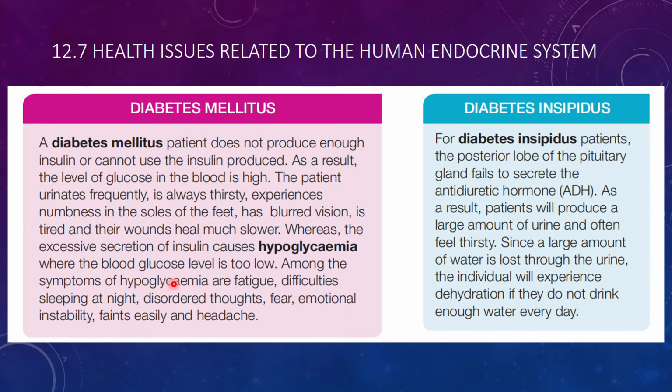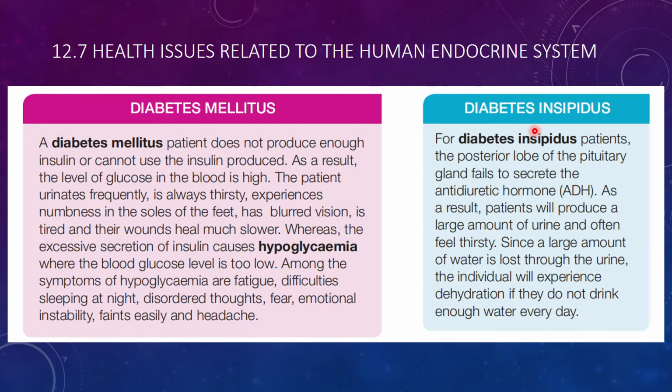Among the symptoms are that they always feel very tired, excessive tiredness, difficulty sleeping at night, even disordered thoughts, fear, emotional instability, fainting easily, headache. So you notice these are the symptoms when you are hungry, when you are not having enough glucose in the blood. Okay, and that is related to the pancreas and the insulin hormone.